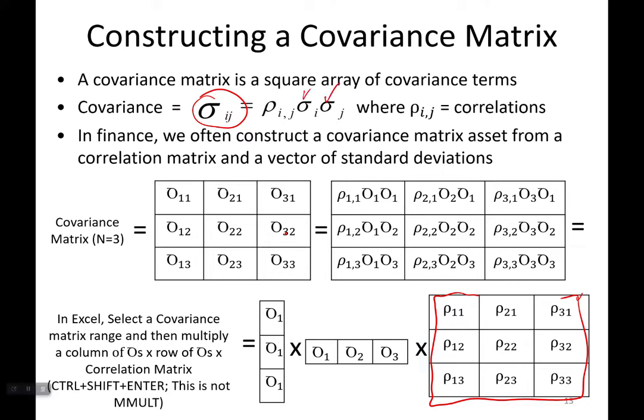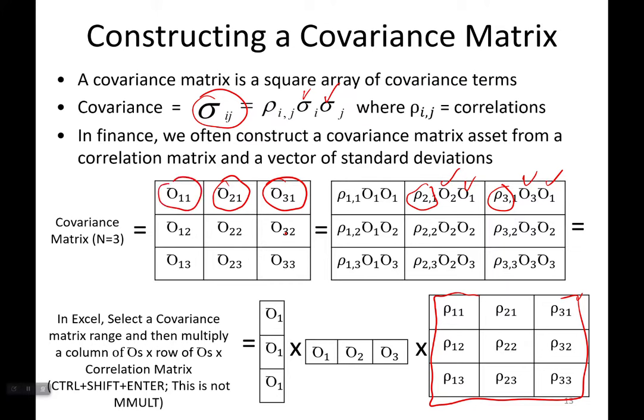So let's take this case right here. What is the covariance between asset 2 and asset 1? It is the correlation between asset 2 and asset 1 times the standard deviation of asset 2 times the standard deviation of asset 1. What is the covariance between 3 and 1? Well, it's the correlation between the two times the product of the two standard deviations.